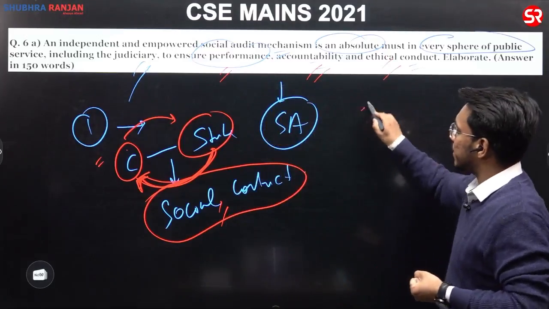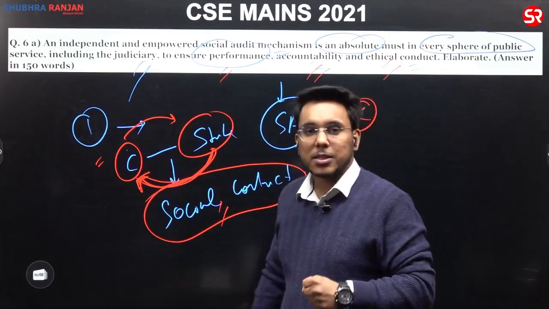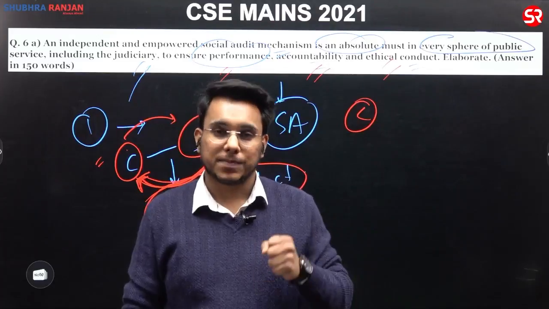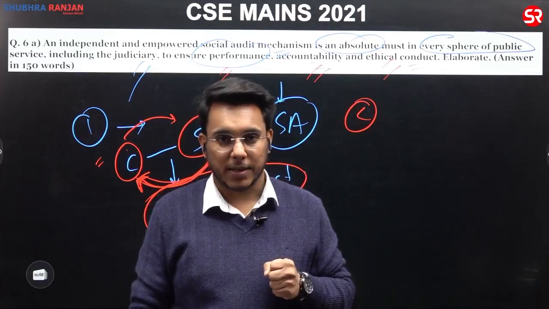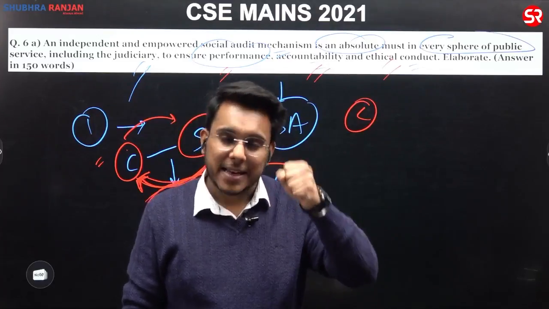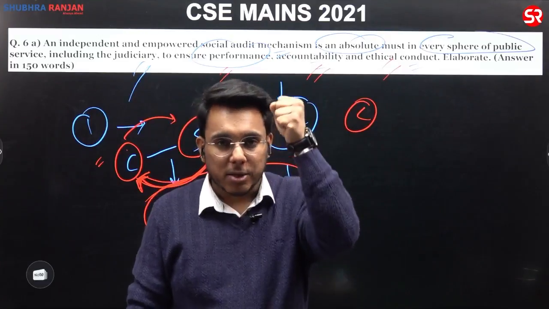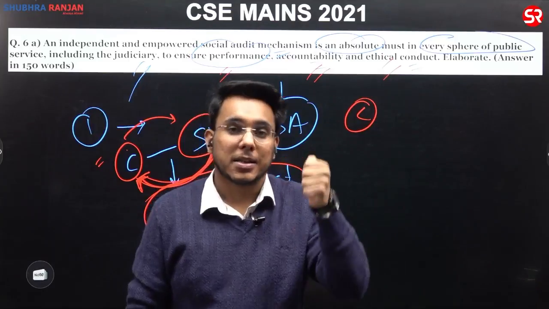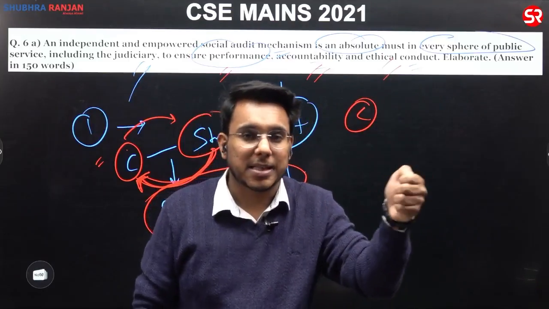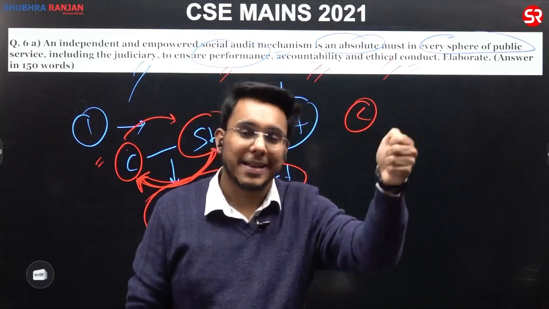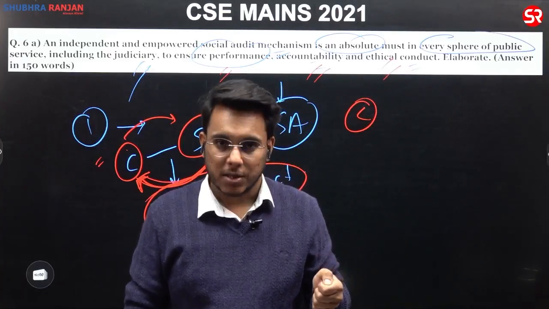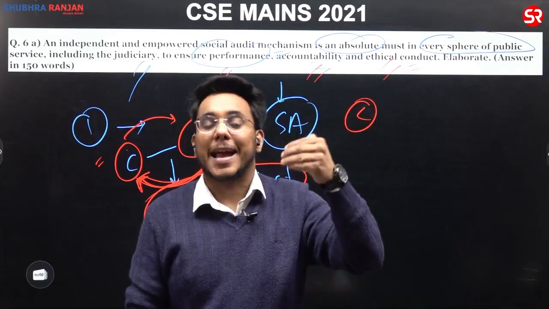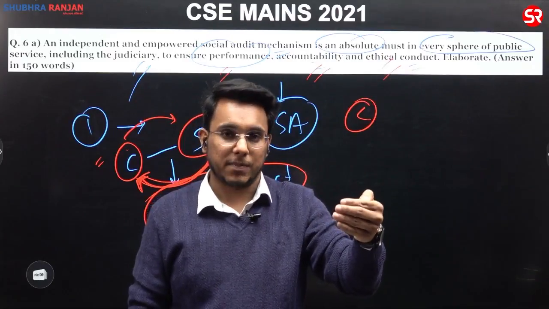Secondly, Lord Acton provides that power corrupts, absolute power corrupts absolutely. The state, including the judiciary, has so much power, and to check that abuse of power, some avenue in the form of social audit should be given to the citizens, so that adventurism is not taken up.